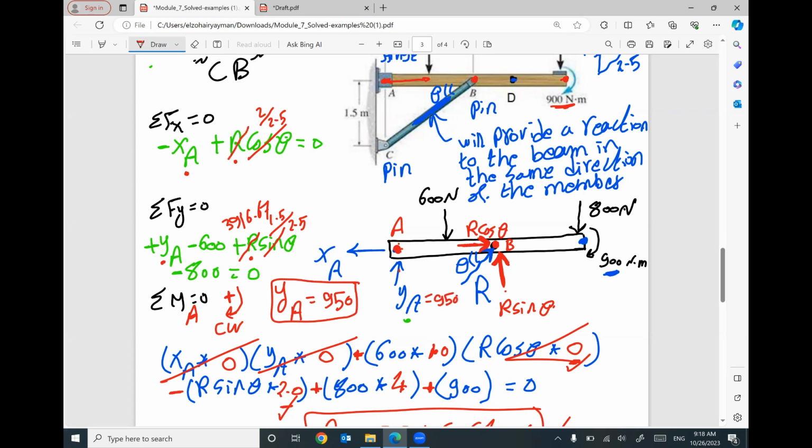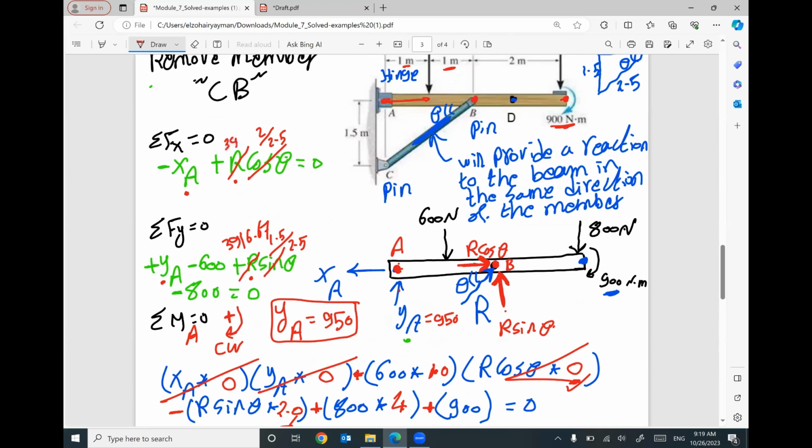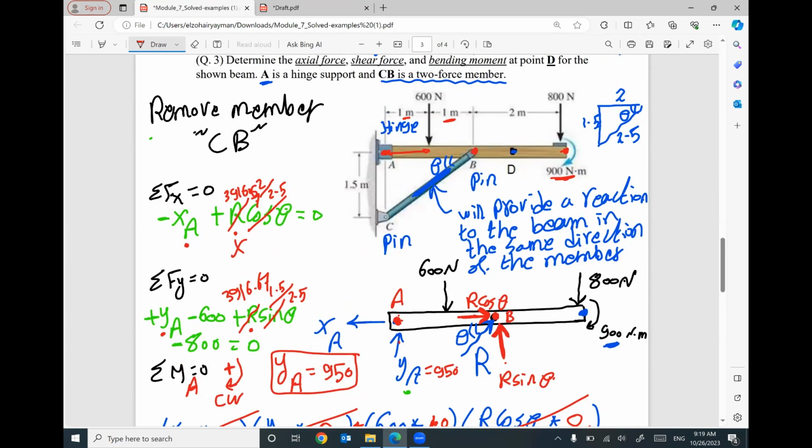I can go back here and put R with this value, 3,916.67. I can find out the value of XA will be positive. It will be 313. I'm sorry, 3,133.3. So I found the two reactions at A.